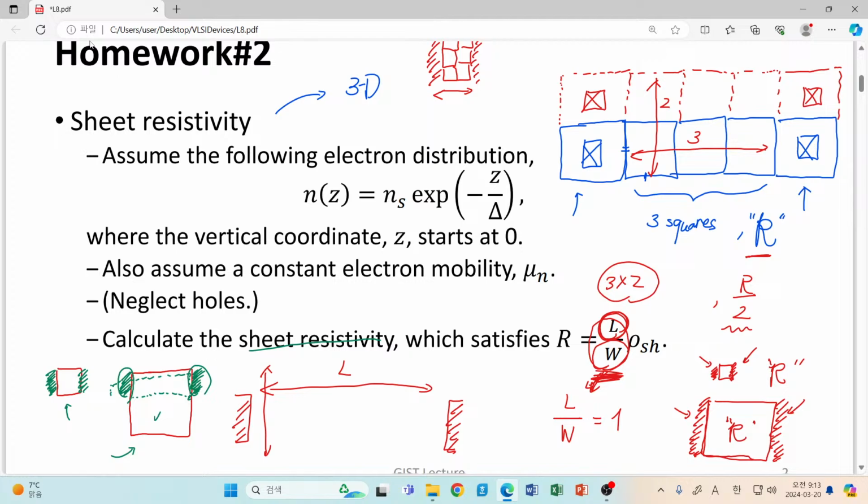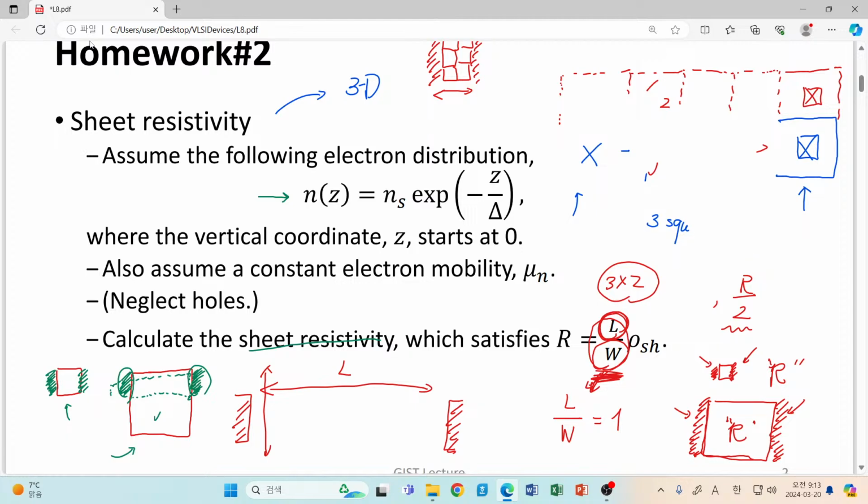Our homework number 2, just to assume a special case like this. So let me just draw once again. In this example, the Z direction shows the vertical direction perpendicular to the wafer surface. Okay, so this is your Z direction.